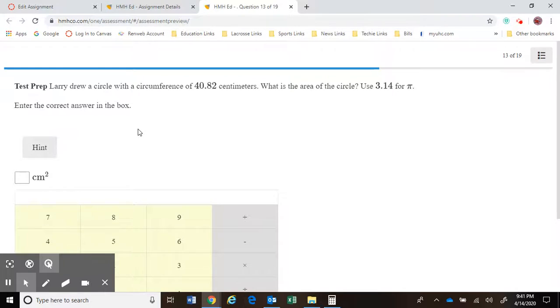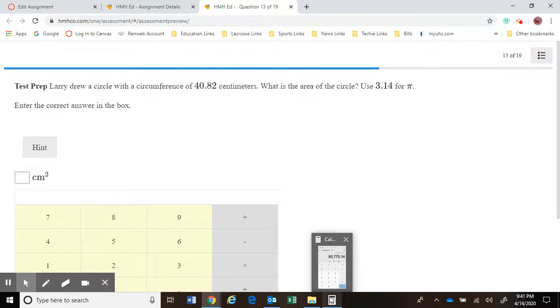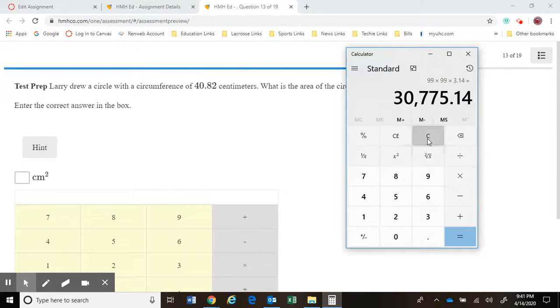Now this is a test prep question, but it's pretty much the same. Again, I've got circumference, and I want to know the area. So circumference, what do I need to do first? Divide by pi to get the diameter. So 40.82 divided by 3.14.